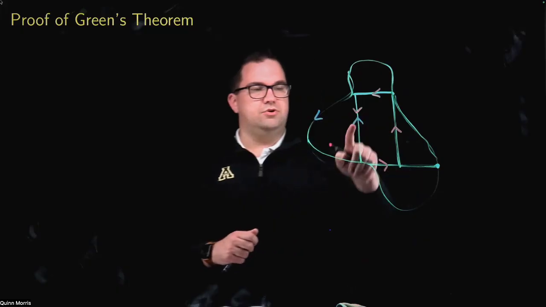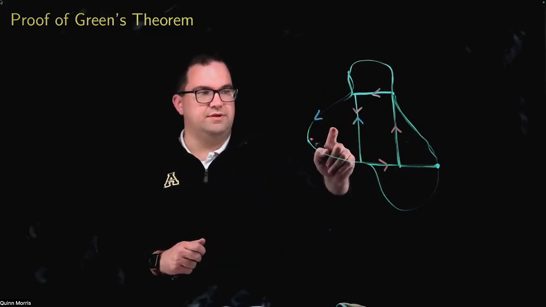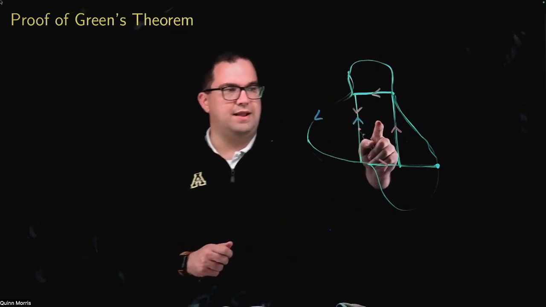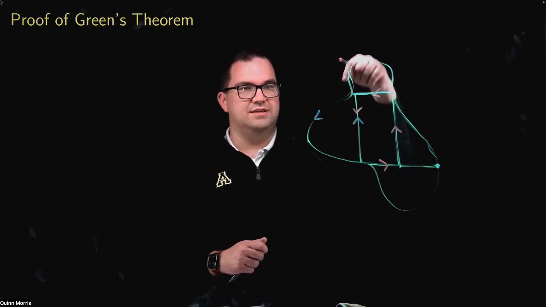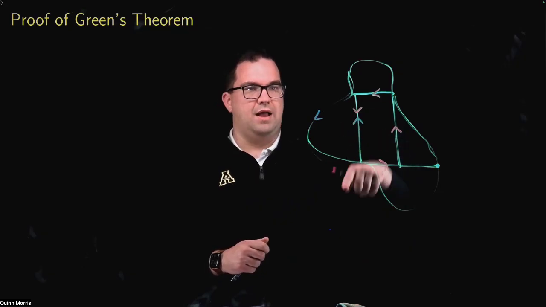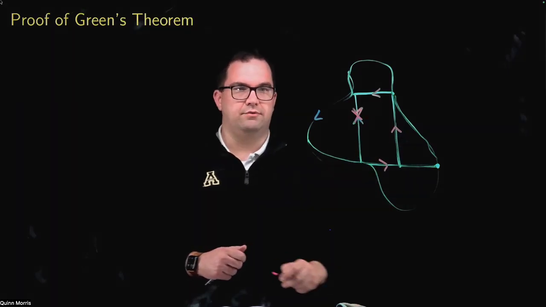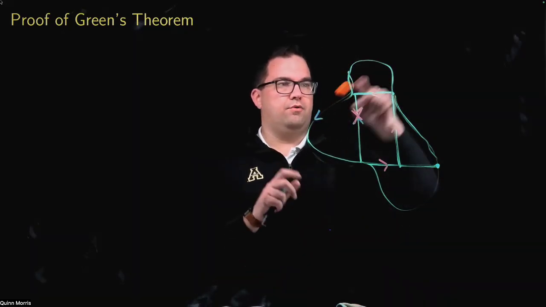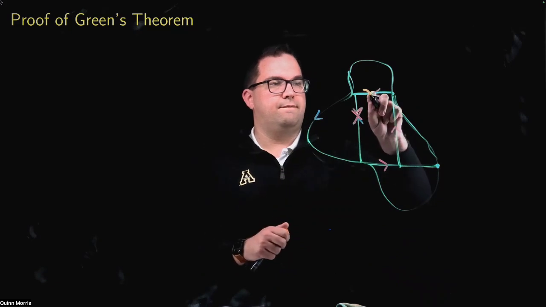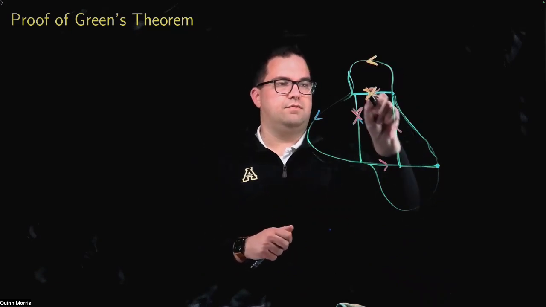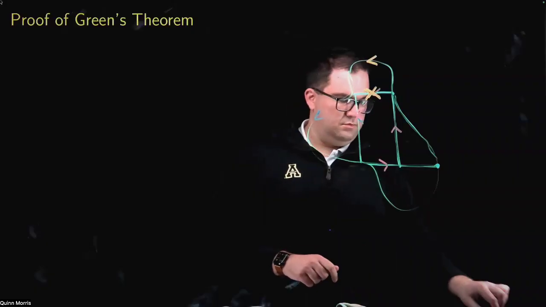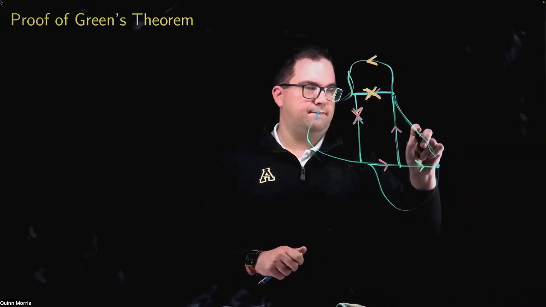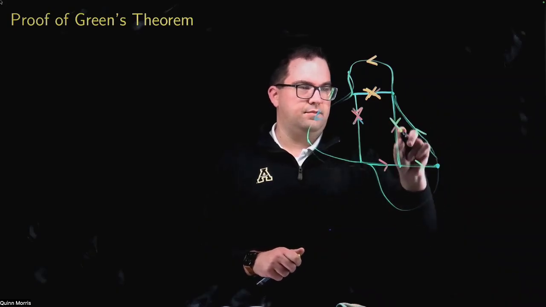Well, notice you did the line integral when you applied Green's theorem on this region in this direction. When you applied it here, you did the line integral in this direction. You computed the same line integral in opposite directions. They will cancel out. When you compute the line integral on this region, those will cancel out. When you compute the line integral on this region, those will cancel out.